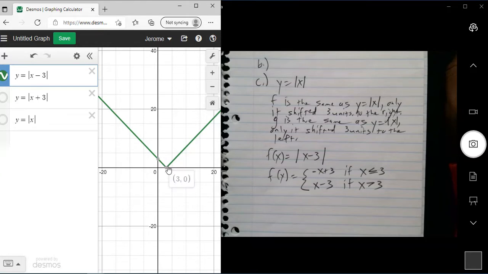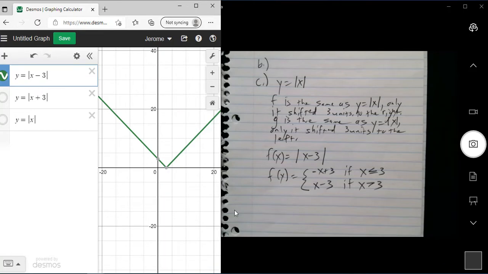So if you look here, when x is less than or equal to 3, that would encompass 0 and all of these other values here to the left. But if x is greater than 3, it does not encompass when y is equal to 0. So that would be technically an open circle, but since we already have the closed circle from the first piece of the piecewise function, we will leave it as a closed circle. And then it would include all of the values to the right when x is greater than 3.